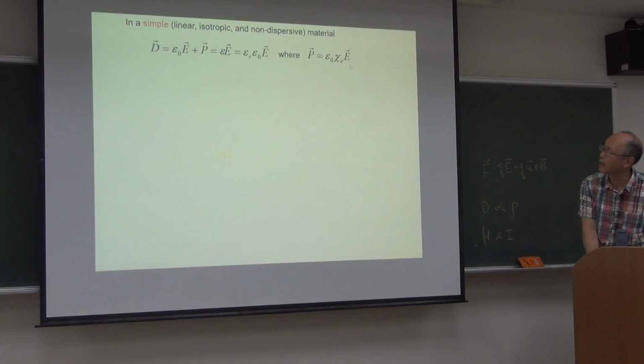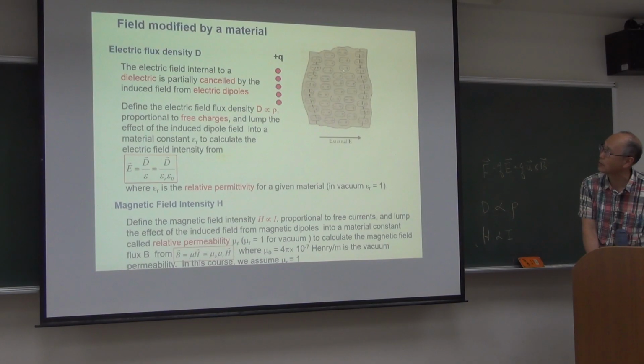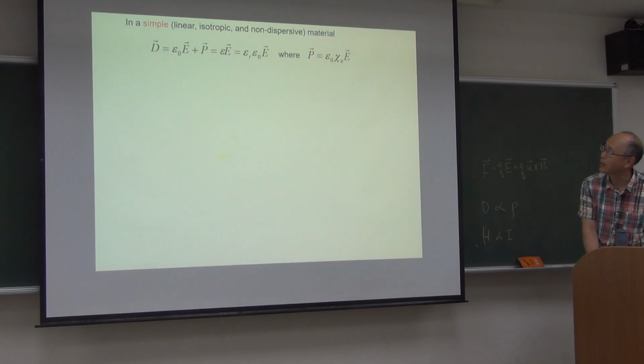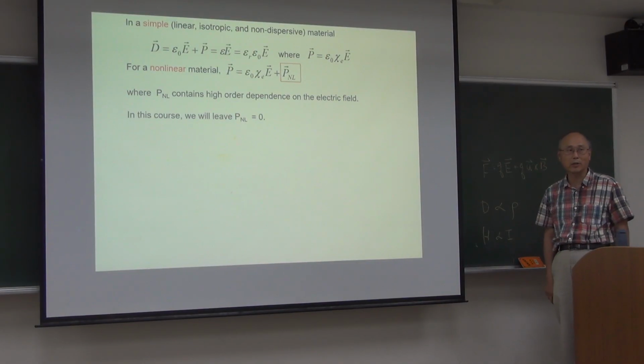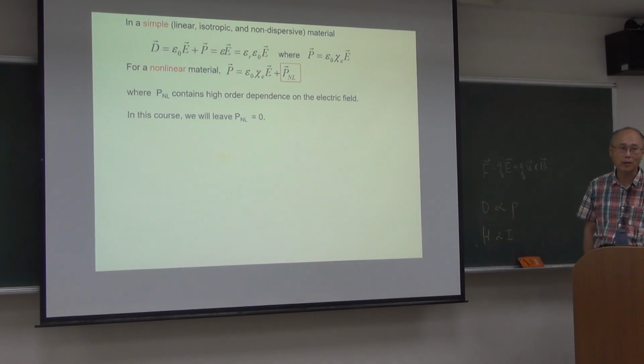When you apply an electric field, the response of this dipole is linear. Okay. If the response of this polarization is nonlinear, then we'll have this nonlinear term. But for this class, we drop this term, set it to be equal to 0. Okay. When I talk about nonlinear optics, we'll discuss that; we talk about linear optics in this class.